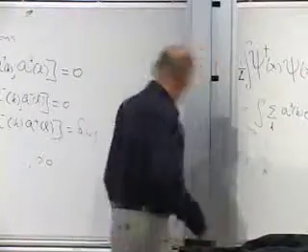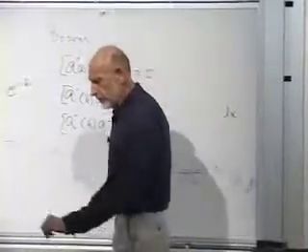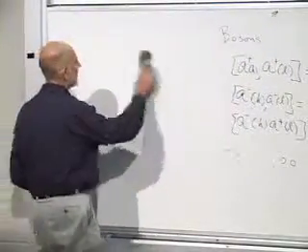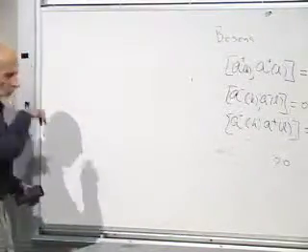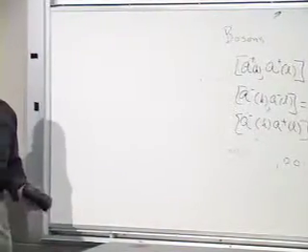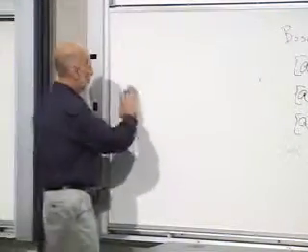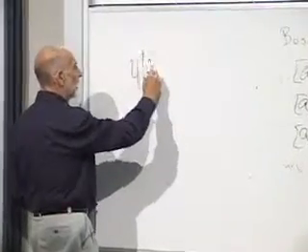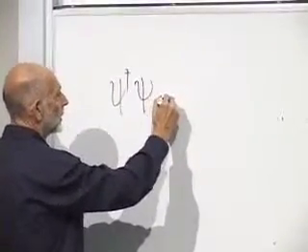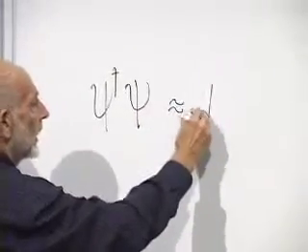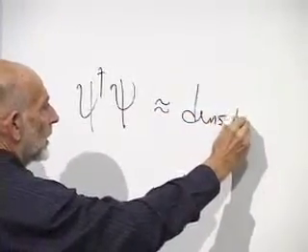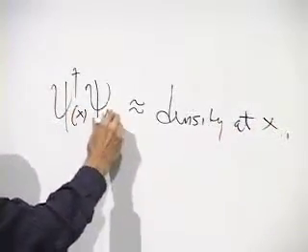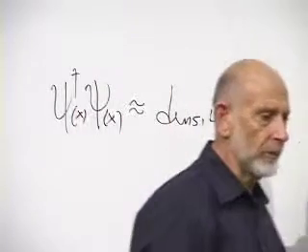Apart from a factor of L, which I will ignore because it'll go away when we replace sums over k's by integrals over k, psi star psi is proportional to the density of particles at x, psi star of x, psi of x. And it's a quantum mechanical operator.